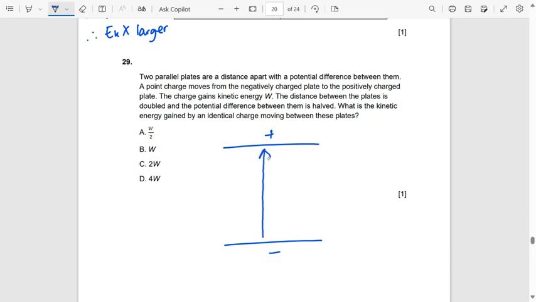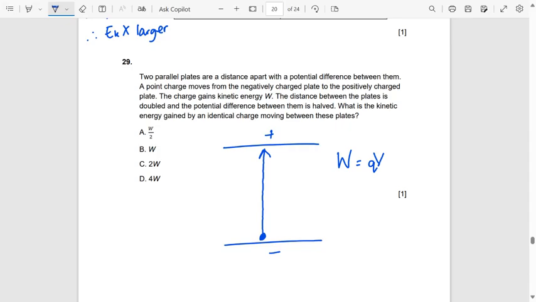Okie dokie. So we've got a charged particle moving from the negative to the positive. The charge gains kinetic energy W. Okay, so work done is energy transferred. So it gains work. Now, work, kinetic energy, is charge times potential difference.